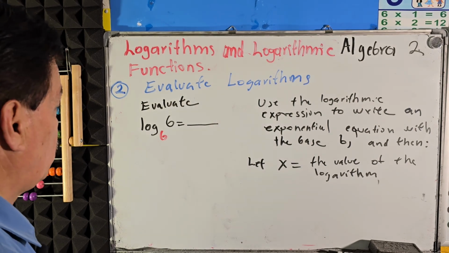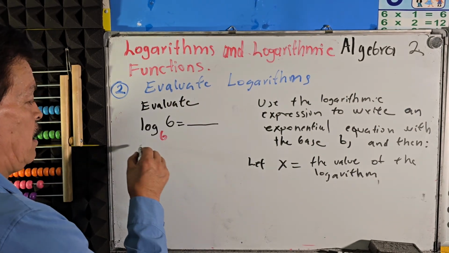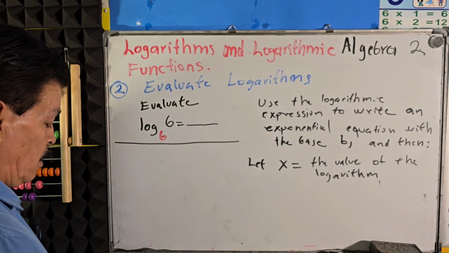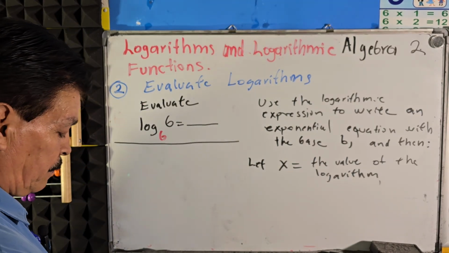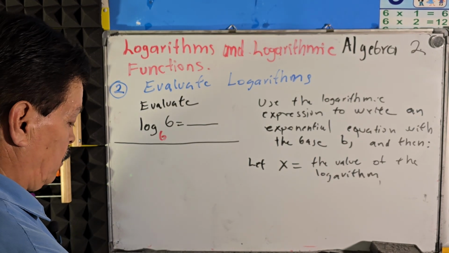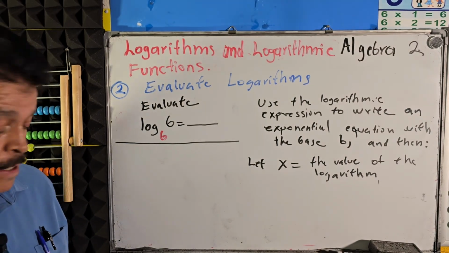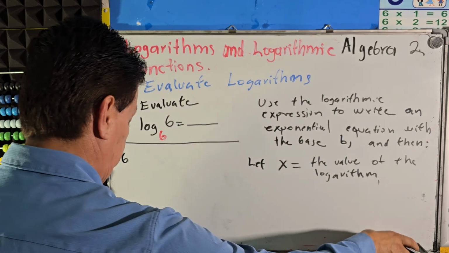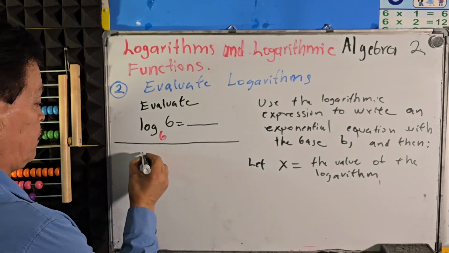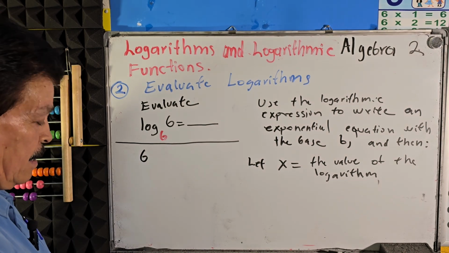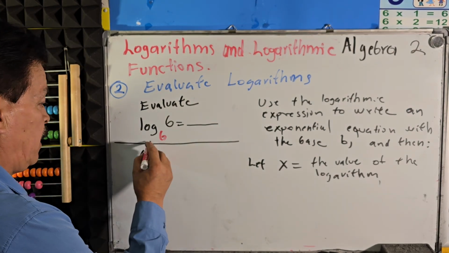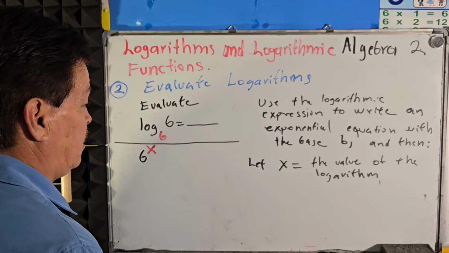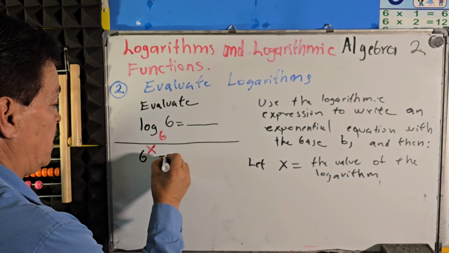On the other side, write the directions: 6, the number that means 6 to the x, because we don't know the power of the exponent.